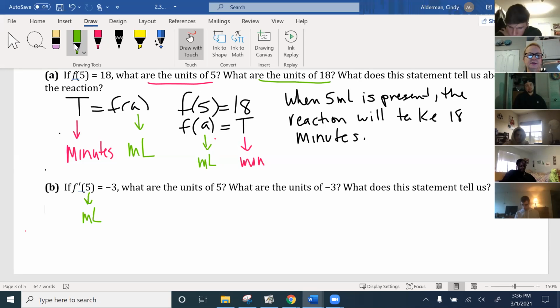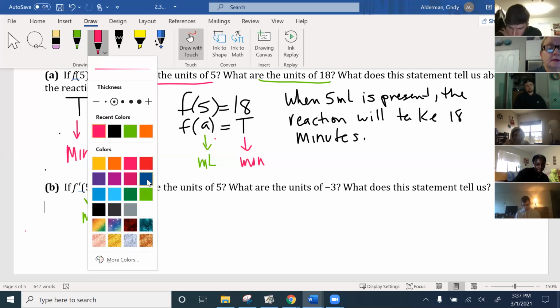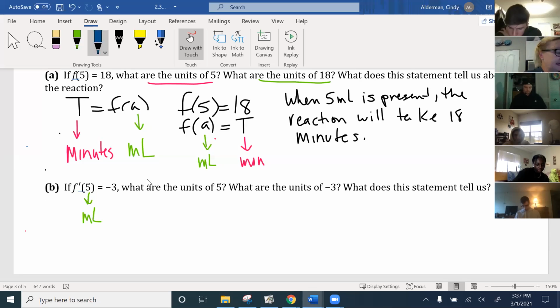And notice this is a derivative. So they're saying the derivative at 5 is equal to -3, right? So for that, you're going to use a rate this time. So you're going to say this is minutes per what?